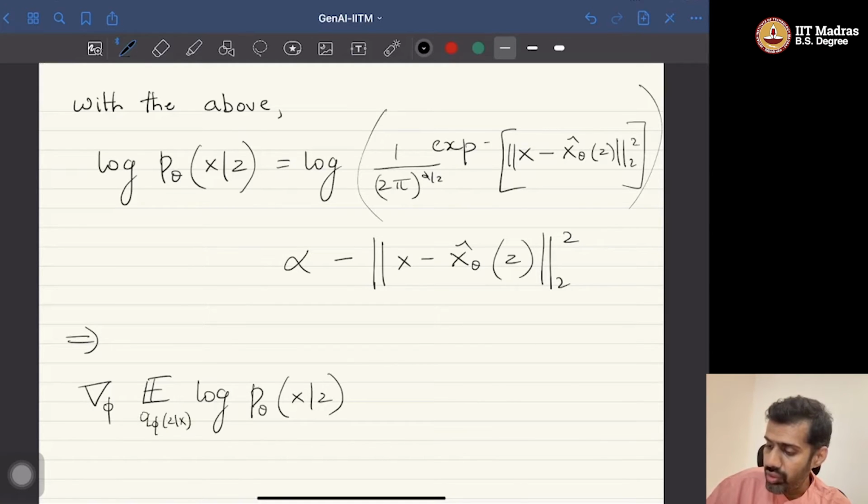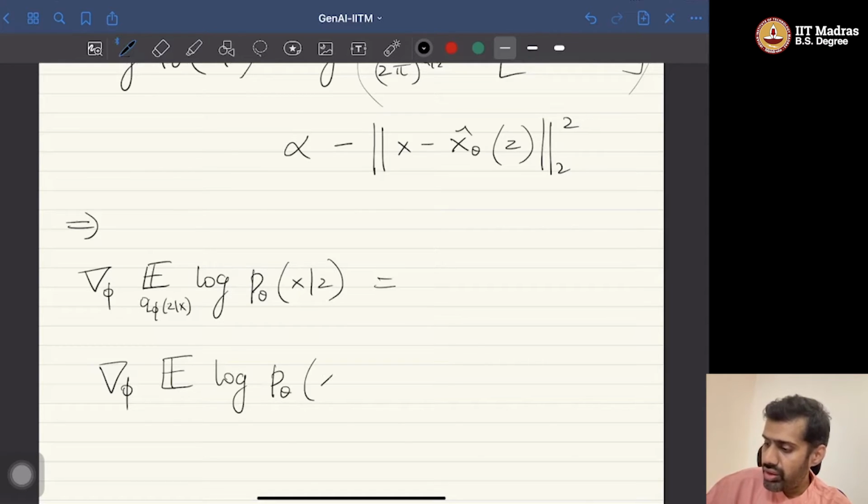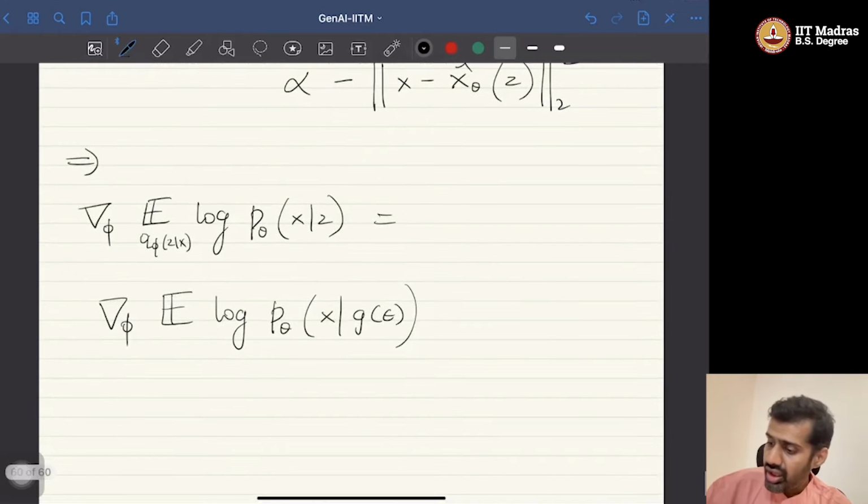This is equal to the gradient of, as we saw, the expectation of log p theta of x given g of epsilon, because z was reparameterized in terms of epsilon, with respect to p epsilon.